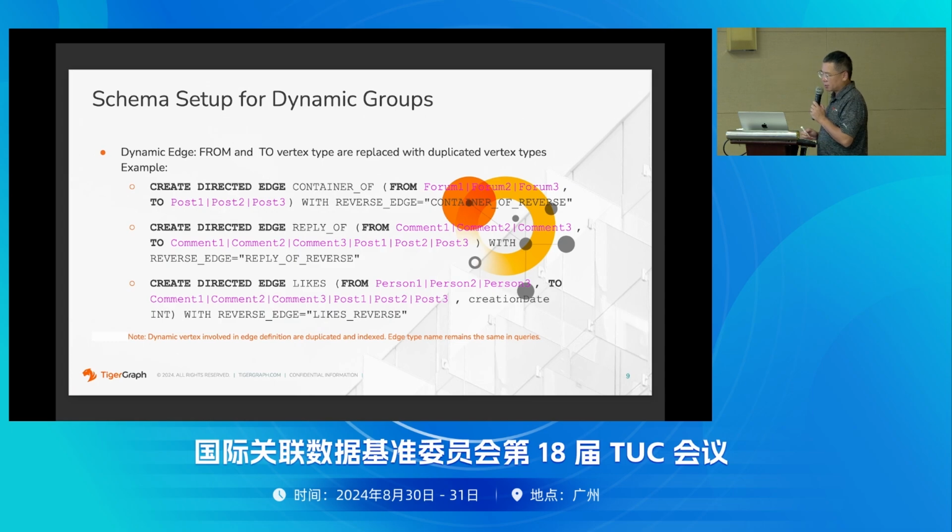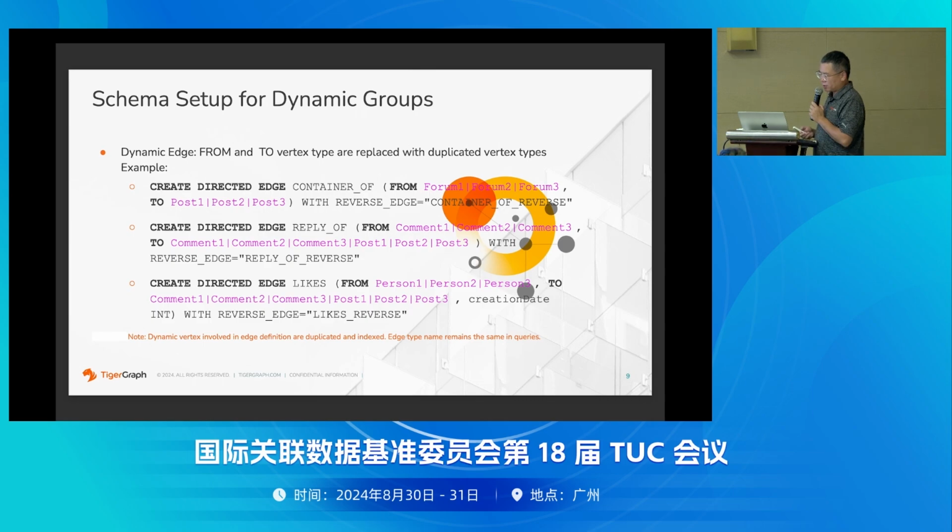And in order to adapt to this bootstrapped dataset, we also need to modify the DDL of the edge containers, since an edge container connects a dynamic vertex type and another vertex type. Here we show one modification. We don't change the edge type name, and we just modify our DDL to allow the dynamic vertex types forum 1 to forum 3, Cartesian product to post 1 to post 3.